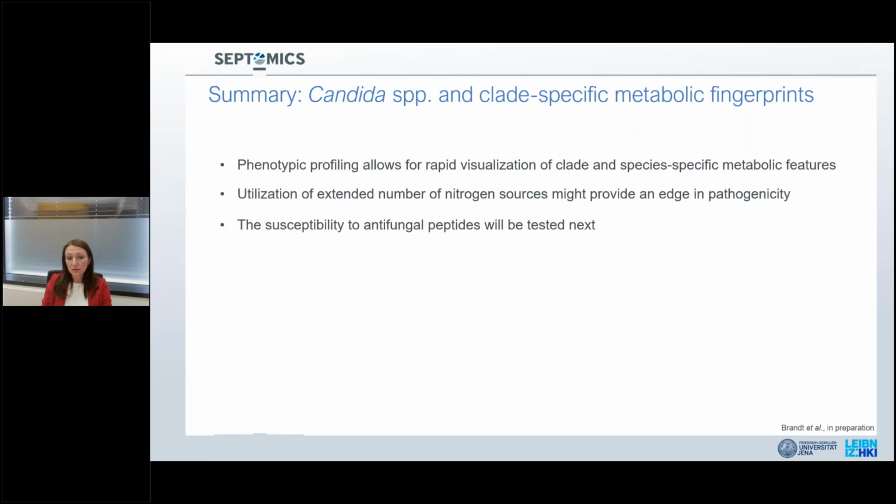Since these antifungal peptides will represent similar nitrogen sources that are readily utilized by certain clades or species and not so well by others.